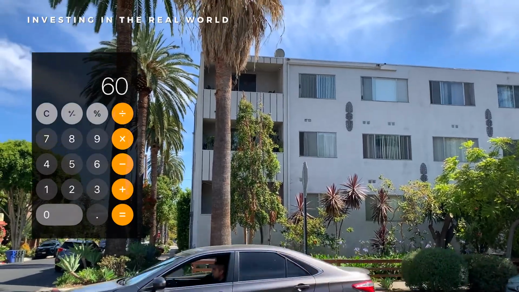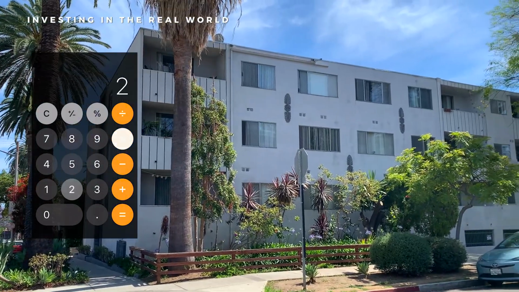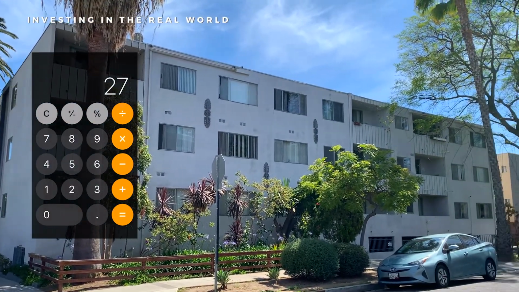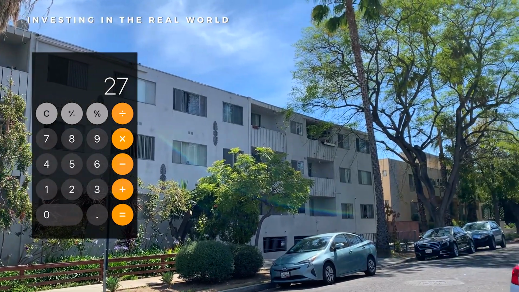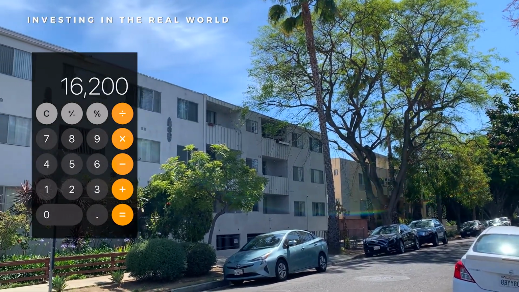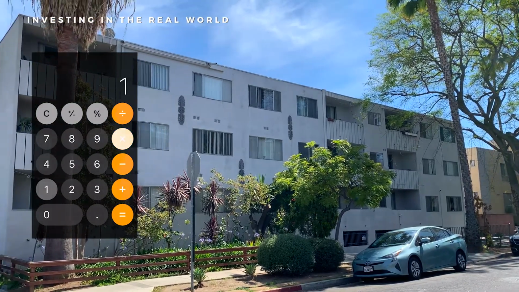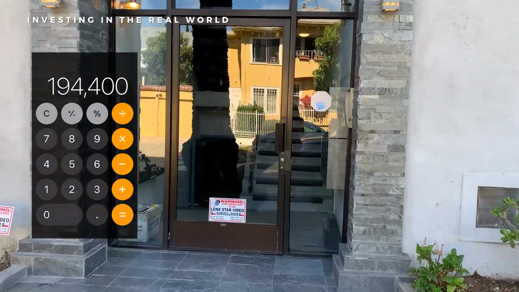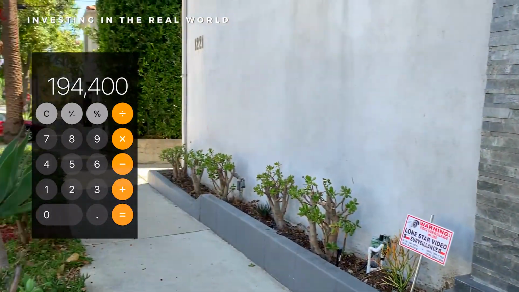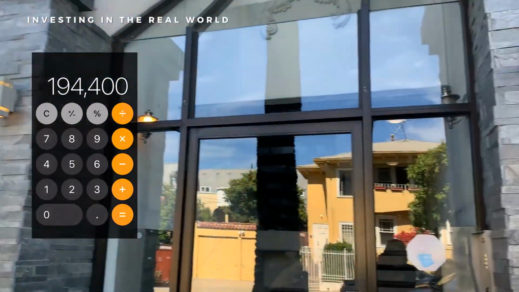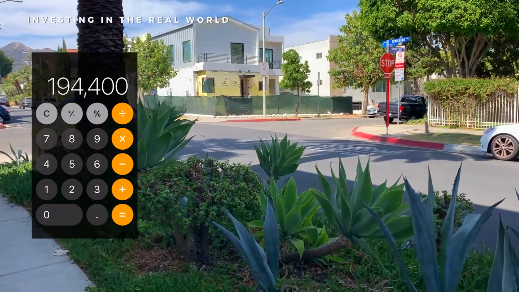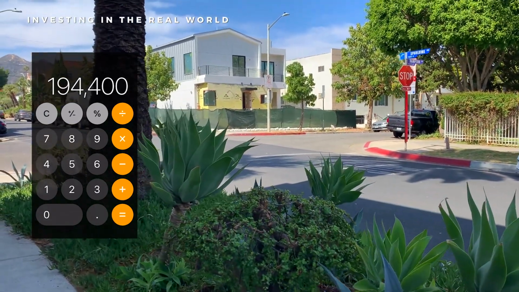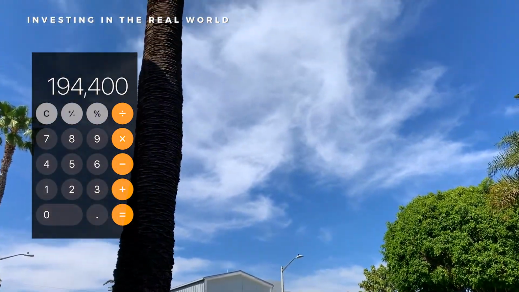So we take 600 times 27, because there's 27 units, and you get 16,200. Now you have to multiply that by 12 so we can annualize it. And then you get 194,400. Okay? Well, I know that most apartment buildings, most multifamily, have expenses that are between 30 to 40% of the income.